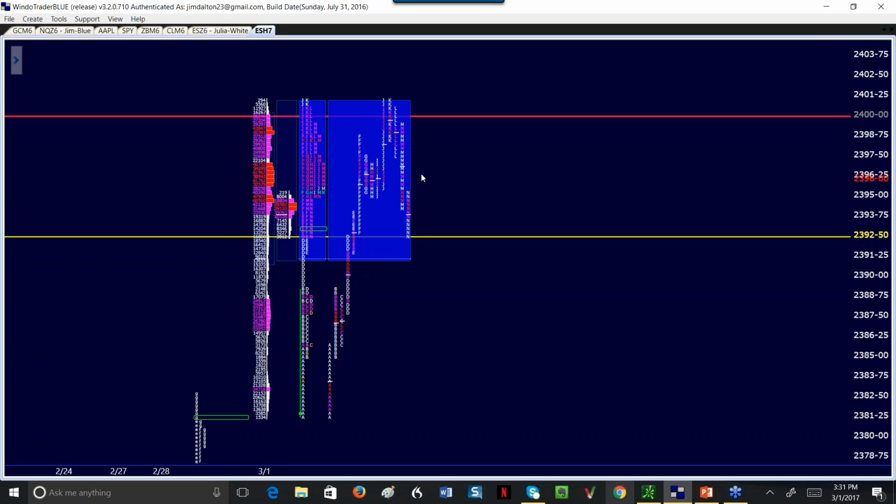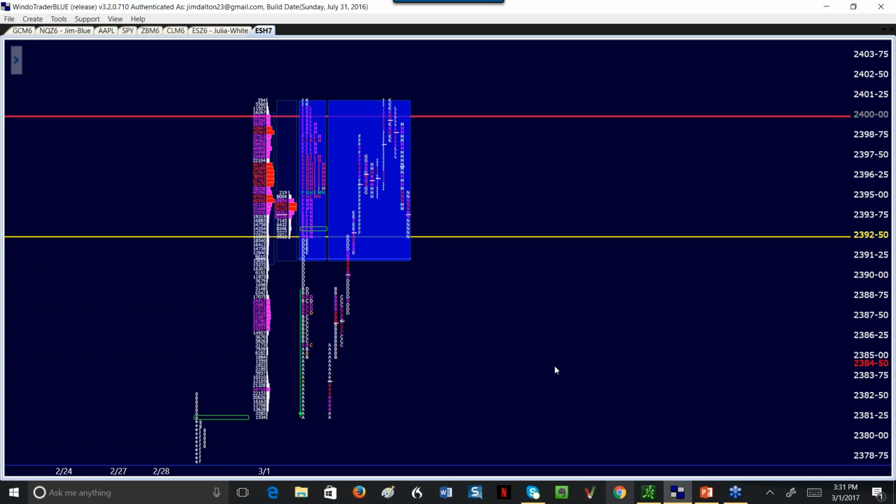So scenario 1, I open in here. Scenario 2, I open down below the pullback low and I continue lower with a high confidence day. Scenario 3, I open down below the pullback low today, get a little back to the downside, and then I rally back into the afternoon's range. Those are my 3 scenarios for tomorrow.